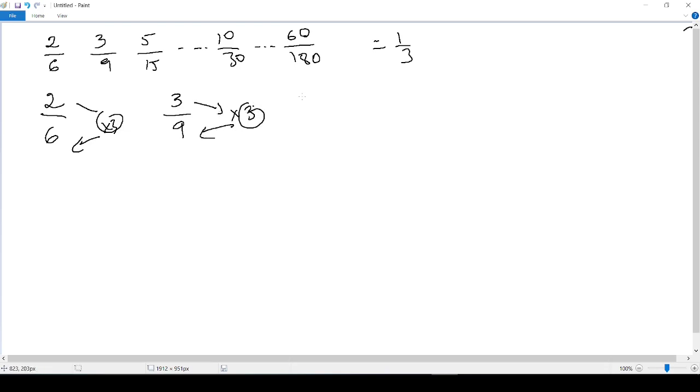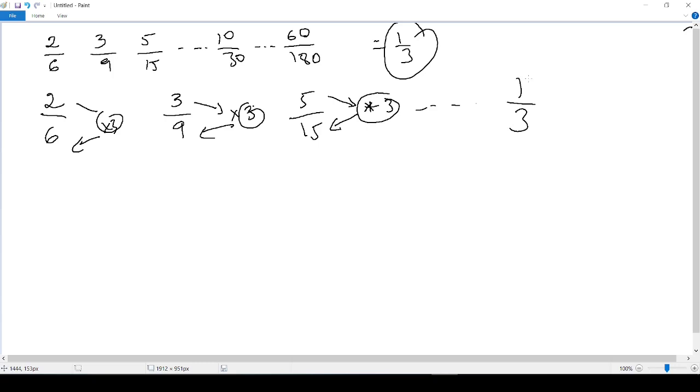For 5/15, we see that 5 times 3 equals 15, and so on with all the others. So the property here is that the denominator is 3 times the numerator. And the simplest fraction with this property is 1/3.